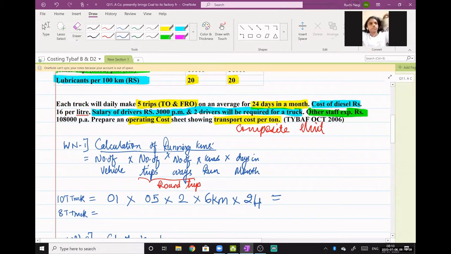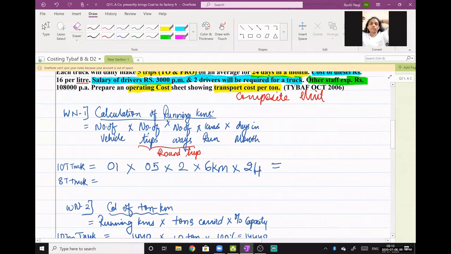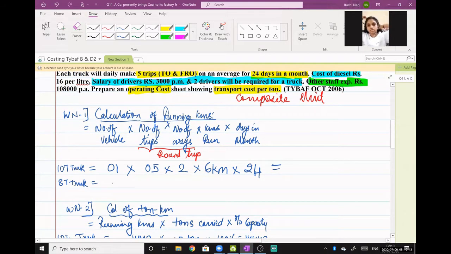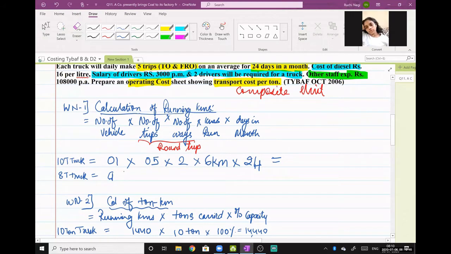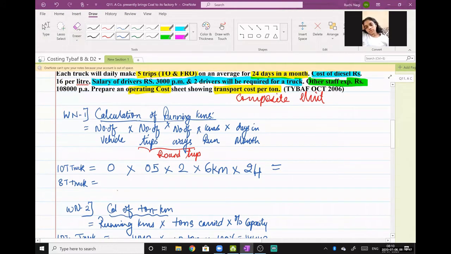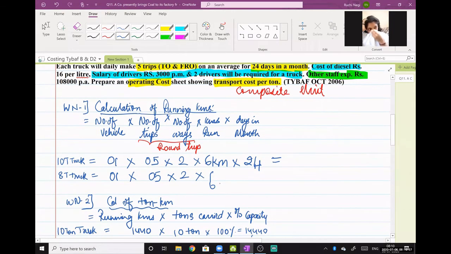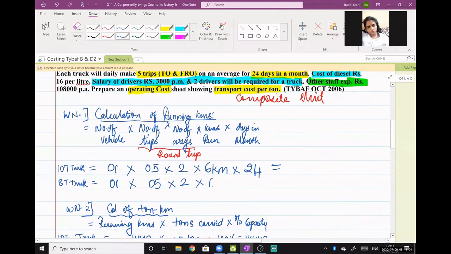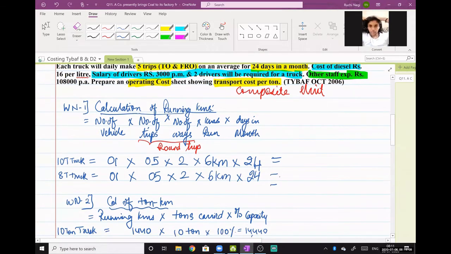Same, you're going to do for the 8-ton truck. There is only one truck which is of 8 ton. Same 5 round trips, so 5 into 2 into 6 kilometers into 24.